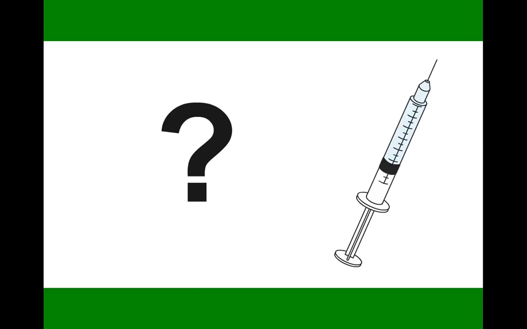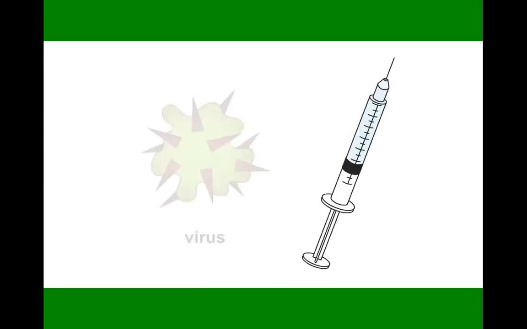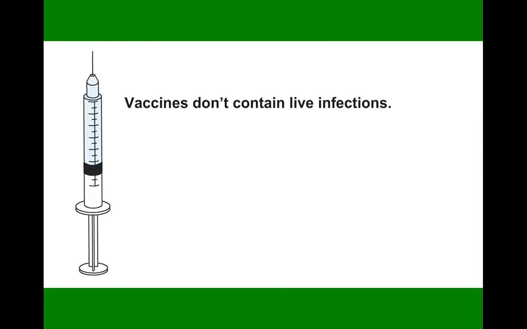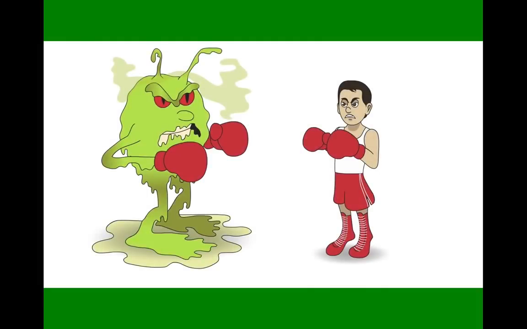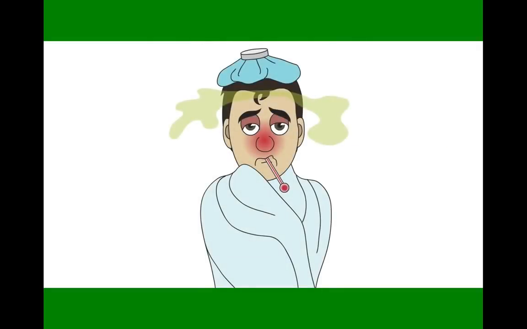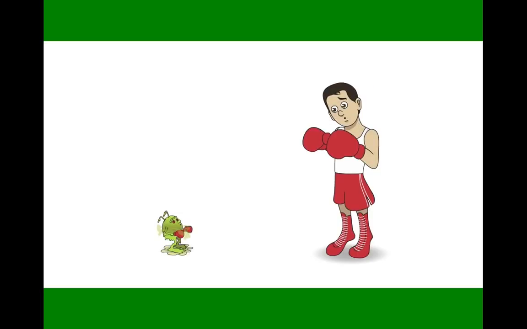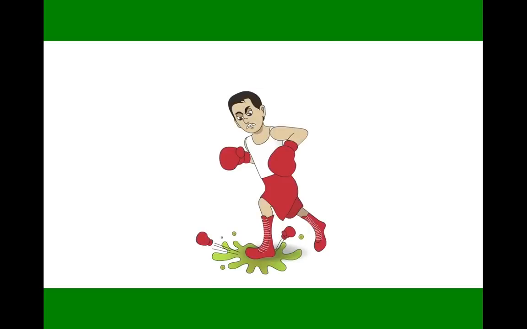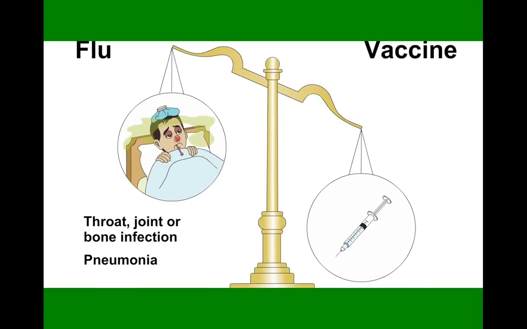Yes, but that's the point. Your body needs to see what the infection looks like in order to make antibodies against it. Now, vaccines don't contain live infections. The virus is always killed or weakened before it's given to you. With every infection, it's a fight between the virus and your immune system, and sometimes the virus wins. That's what makes you sick. But with vaccines, the virus has been weakened, so it's not a fair fight. It's like fighting someone half your size. So you can become immune by either getting sick or getting a vaccine. But when you weigh one against the other, the risks with vaccines are much, much lower.